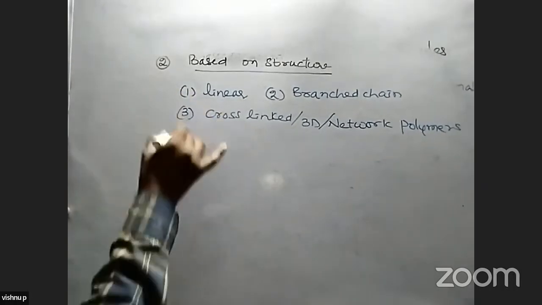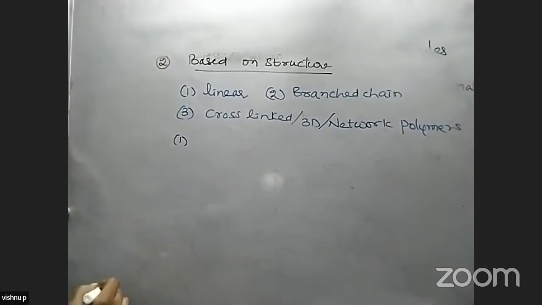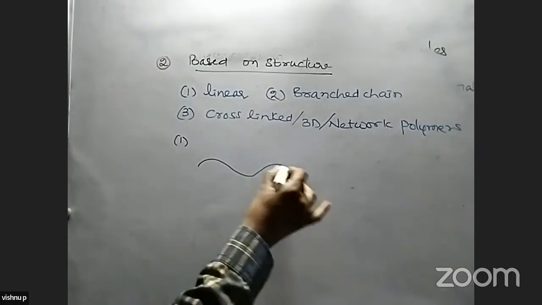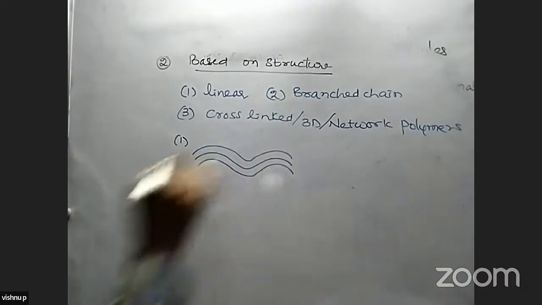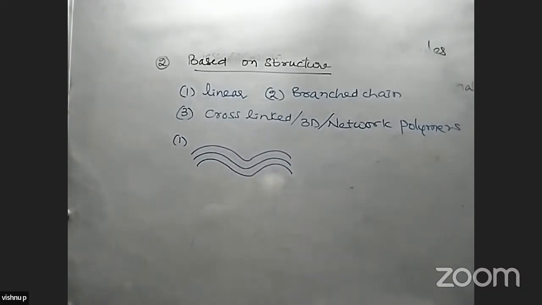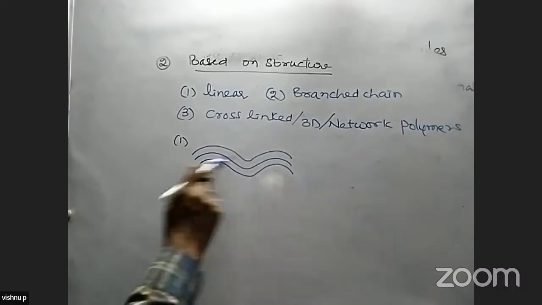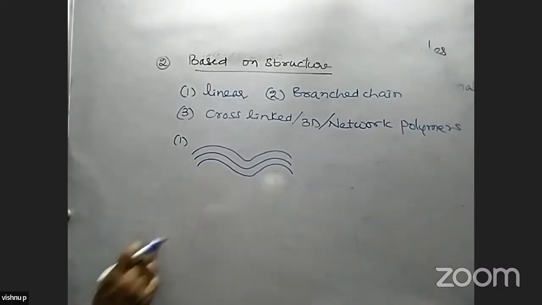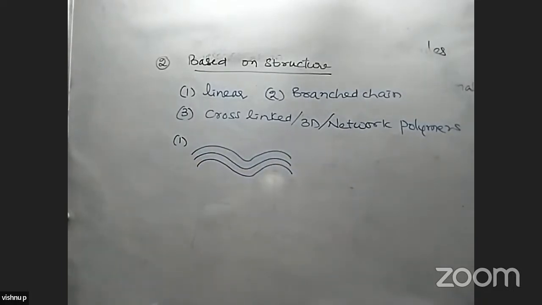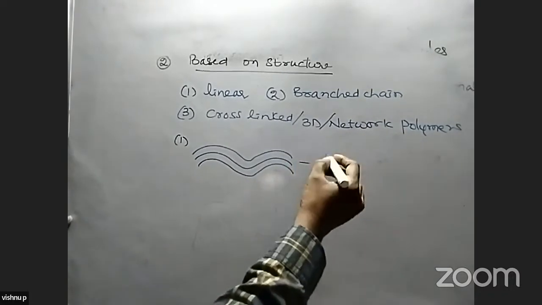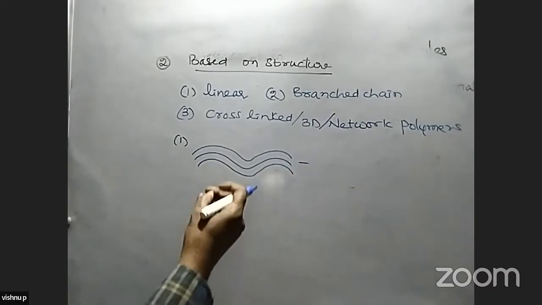In linear polymers, one monomer unit is arranged over another monomer unit. Because of the large surface area, the attractive forces between monomer units are more, and so the polymer has high tensile strength.